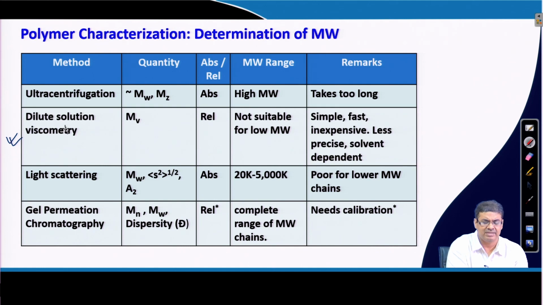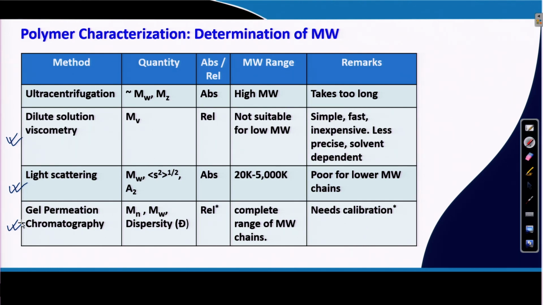So, I will discuss this dilute solution viscometry. I will also discuss light scattering and gel permeation chromatography. So, I will stop now. From next lecture onwards, I will discuss these 5 techniques which I marked now for determining polymer molecular weight.